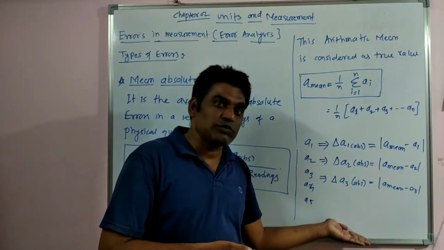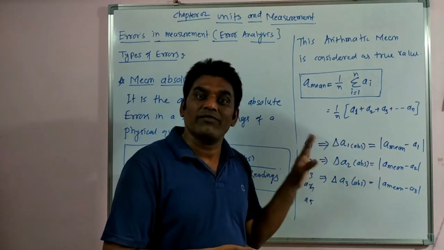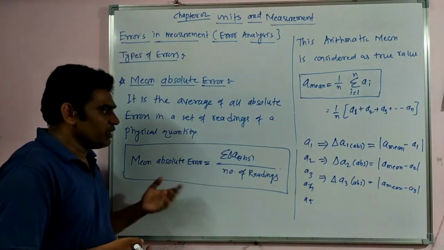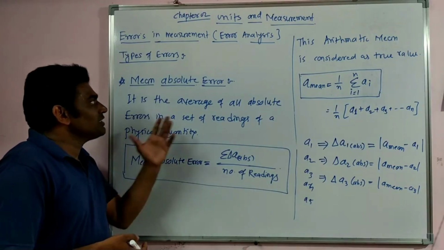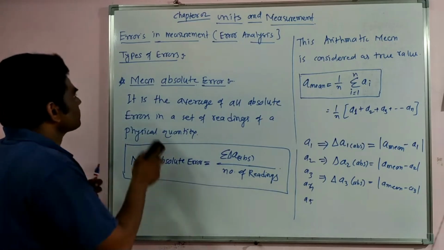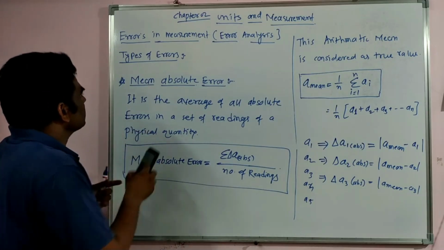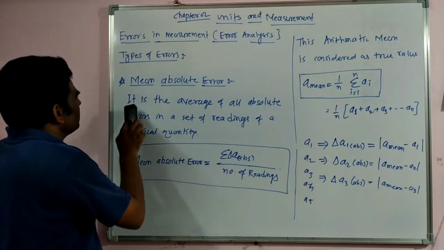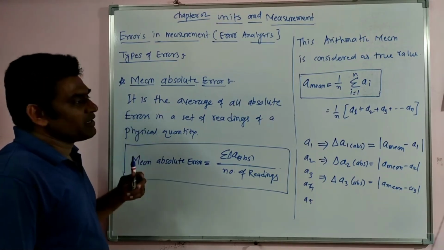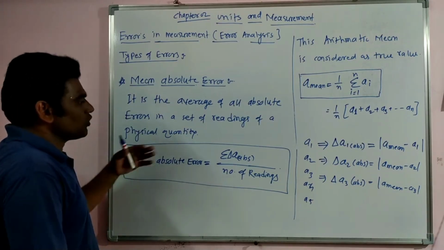You add all those absolute errors and divide by the number of readings, 5 here for example, and you get the mean absolute error. Okay, note this down. Next we will see another type. Random error and systematic error we also have to discuss, but note this down first.